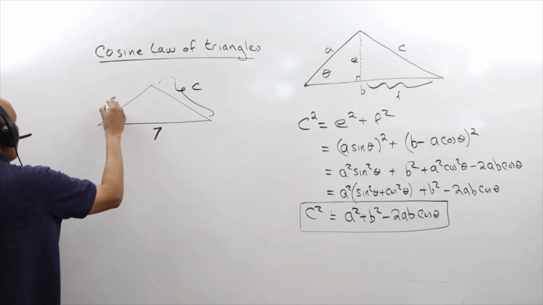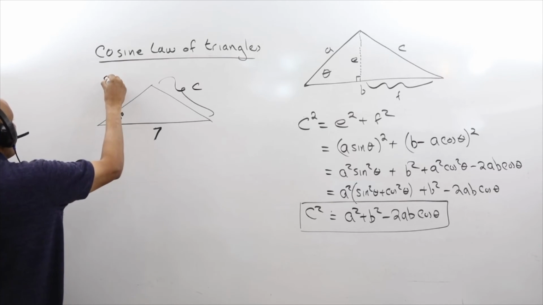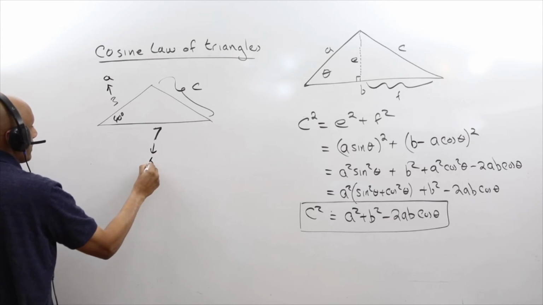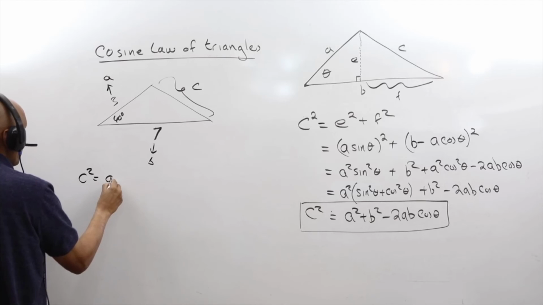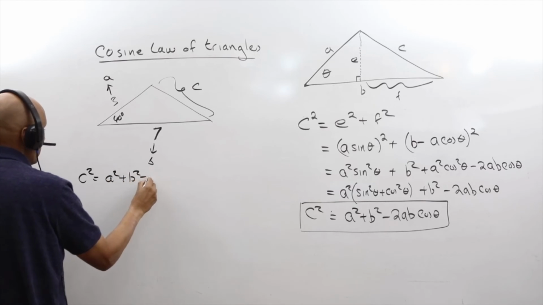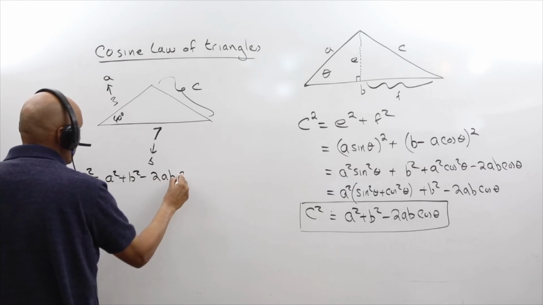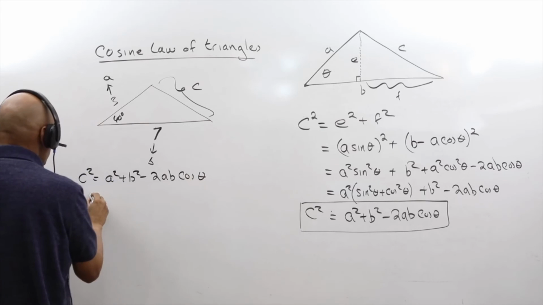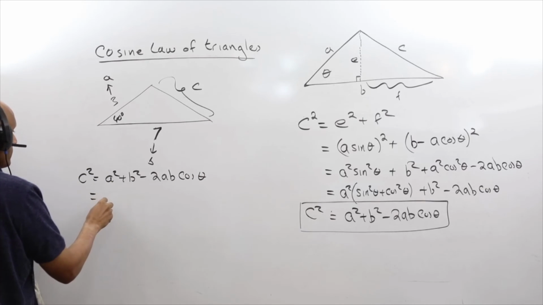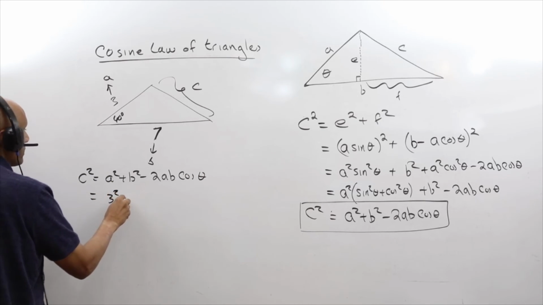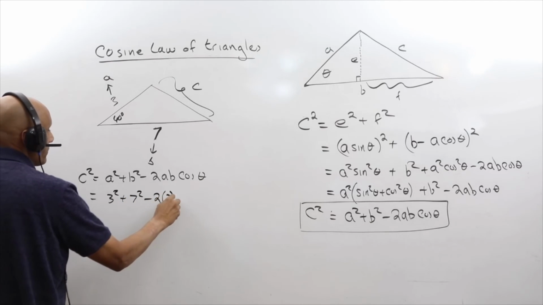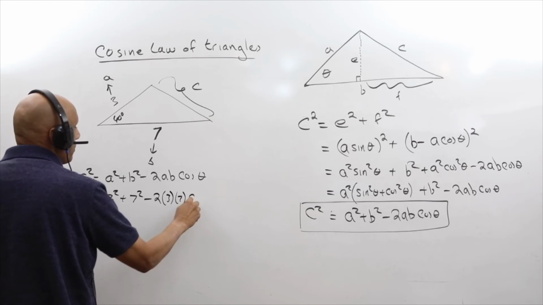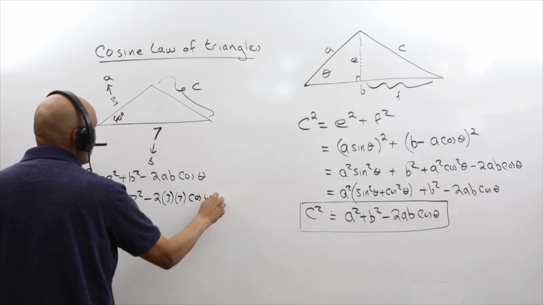So this is A, and this is B. So we have C squared is equal to A squared plus B squared minus 2AB cosine of theta. So this is 3 squared plus 7 squared minus 2 times 3 times 7 cosine of 40 degrees.